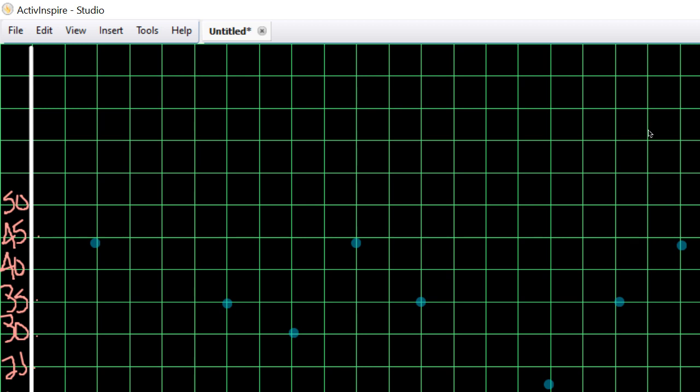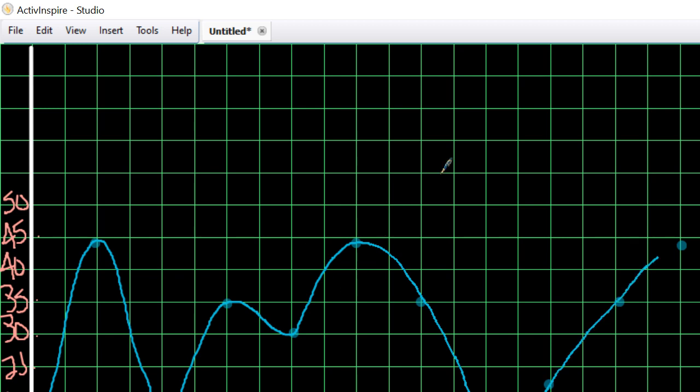I'm just going to connect them. You don't even have to connect them, but for doing midpoint, you'll need to. My graph looks something like that.